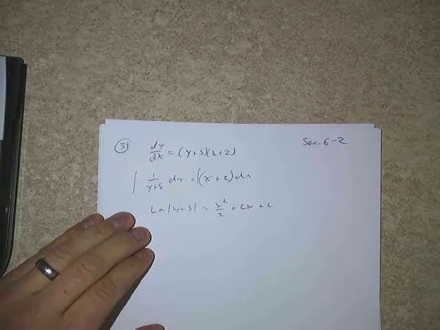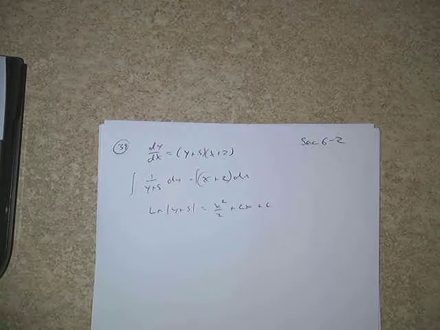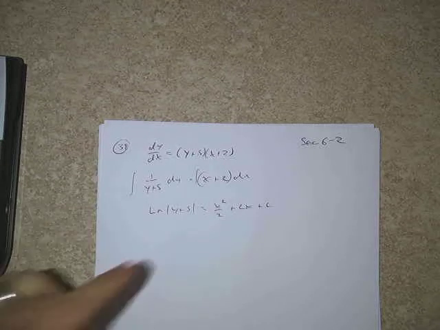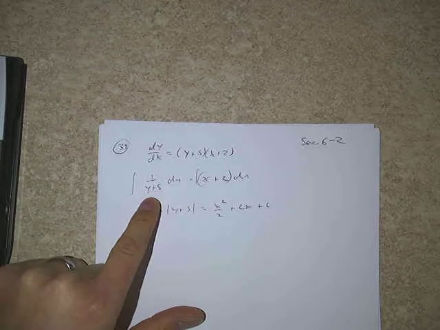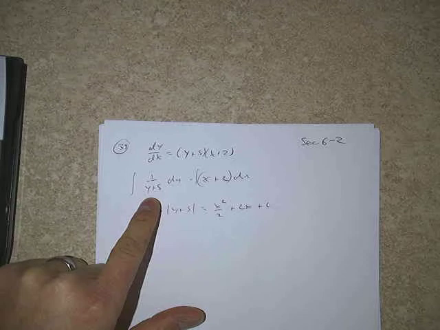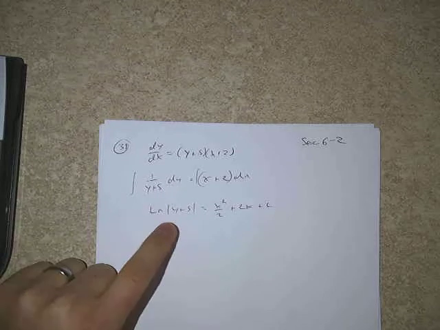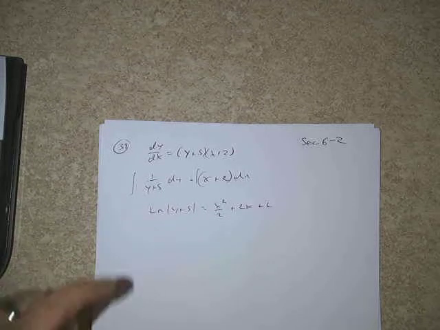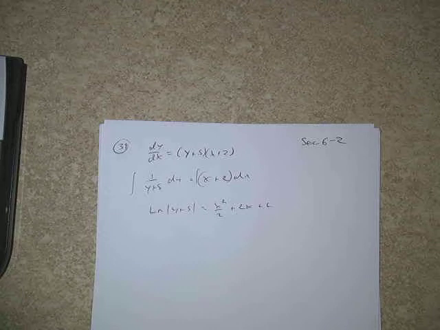I think they use, aren't you supposed to do the replace for u first? I mean, you can, but ultimately the chain rule here, this is derivative 1. So you could use substitution and you'd get ln u, but then you'd put y plus 5 back in there, the du would not change anything. So ultimately, again, you can use the substitution here, but you don't really have to when the derivative is just 1.